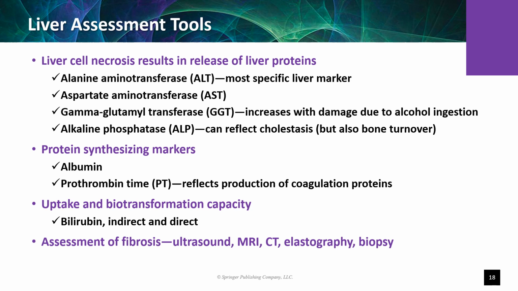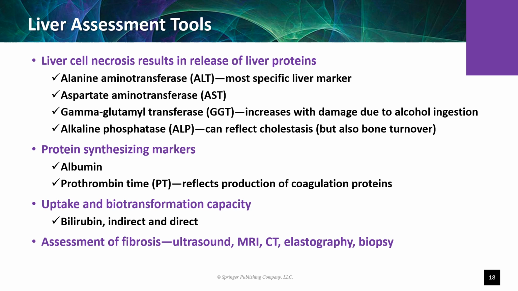As hepatocytes are damaged, the liver's protein synthesizing capacity is reduced, lowering blood levels of albumin and clotting factors. As the damage worsens, prothrombin time and international normalized ratio, or the INR, increase. Differential diagnosis is aided by patterns of bilirubin elevation.